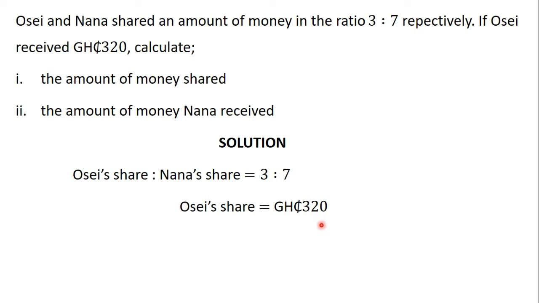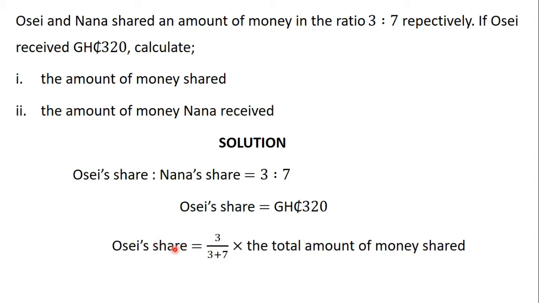From what we've learned in ratios so far, we know that Osei's share will be equal to Osei's part of the ratio, which is 3, divided by the total ratio, which is 3 plus 7, times the total amount of money that was shared between Nana and Osei. We don't know that total amount of money. That is what we want to find. So let's represent that with a variable. So let P equal the total amount of money that was shared.